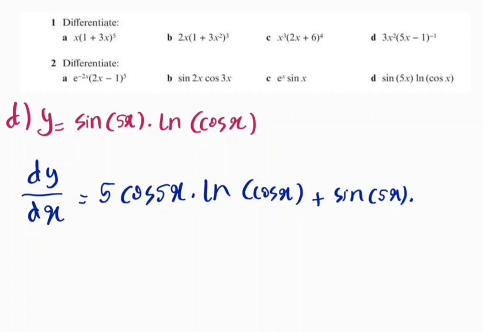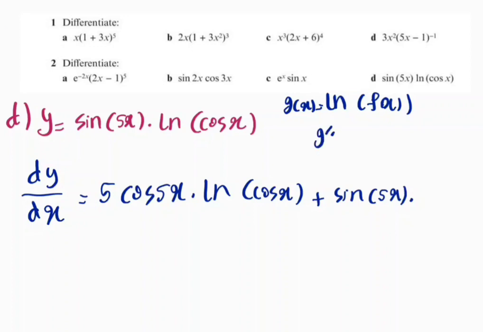Whenever we have ln of something, the form is like this. Let's say g of x is equal to ln of f of x. This simply means that we have a function, and that function is the natural log of another function.